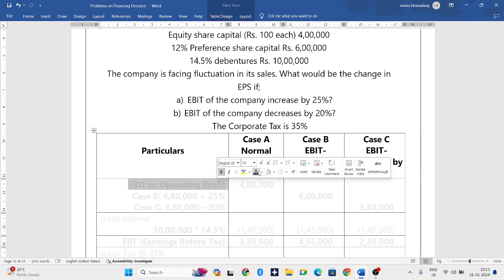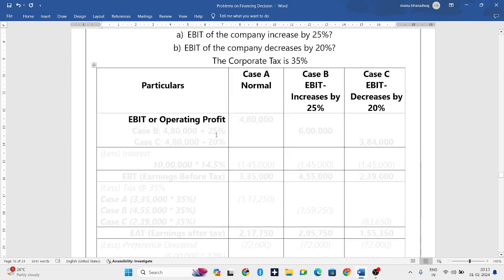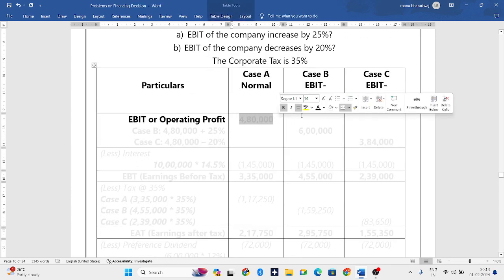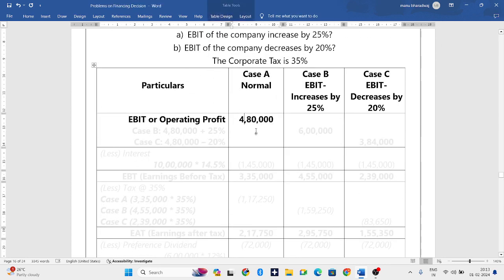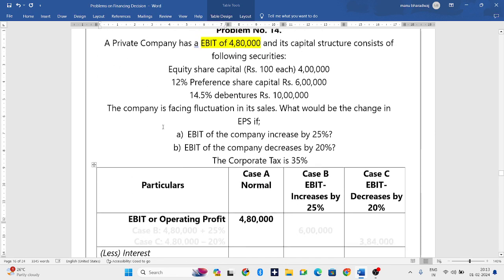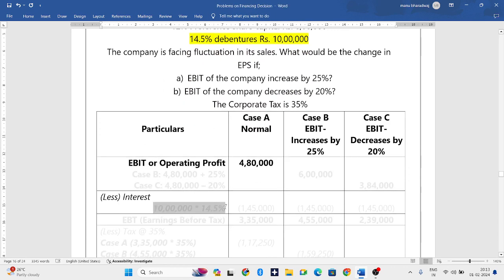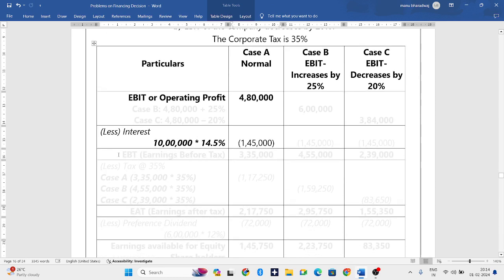First EBIT is needed. The question gives EBIT as 4,80,000. From that we have to reduce the interest. In the question they have given 10 lakh debentures at 14.5% interest, so the interest will be 1,45,000.